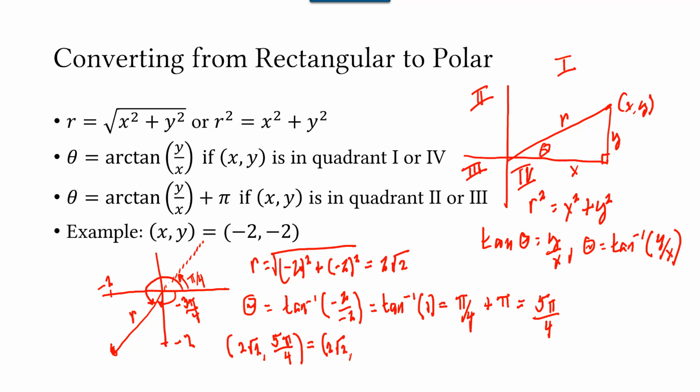There's always not just multiple, but an infinite number of ways of representing a point. So we could have written the same point as 2 root 2, minus 3 pi over 4. We could also write it as 2 root 2 and then add 2 pi to 5 pi over 4 and get 13 pi over 4. And that would represent going around the circle more than once before ending up at the angle that we want.